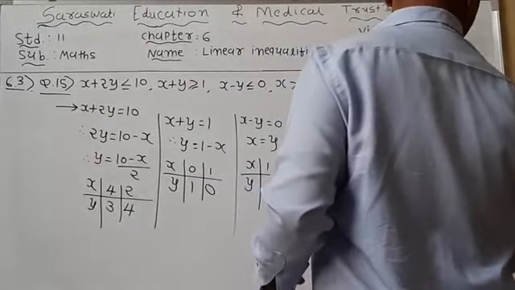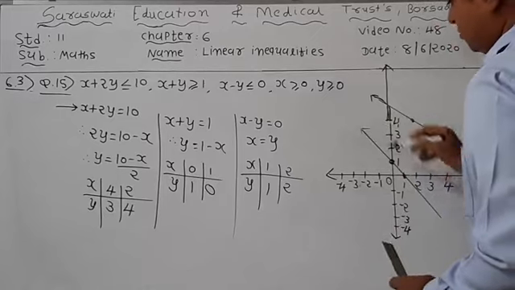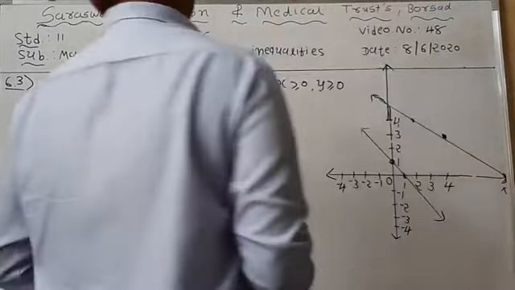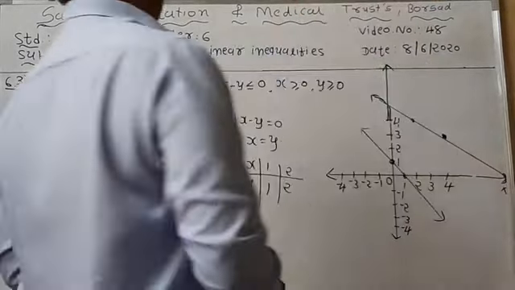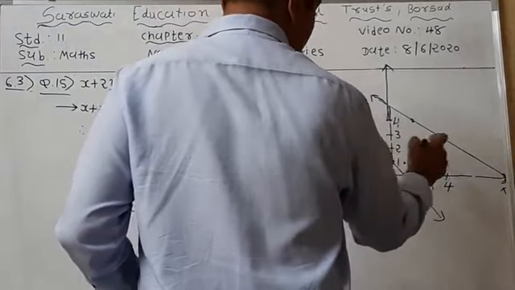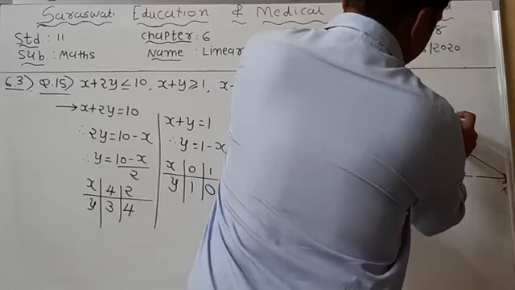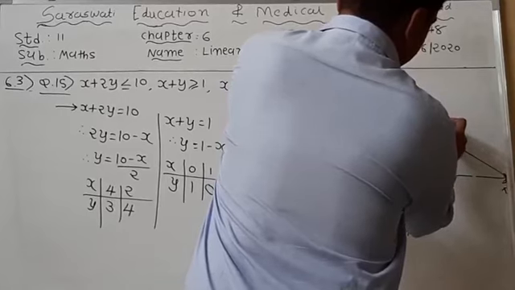Now the points 0, 1 and 1, 0 are present here, so again join this line. Now x 1, y 1 is present here, and x 2, y 2 is present here. So our third line is passing through the origin.